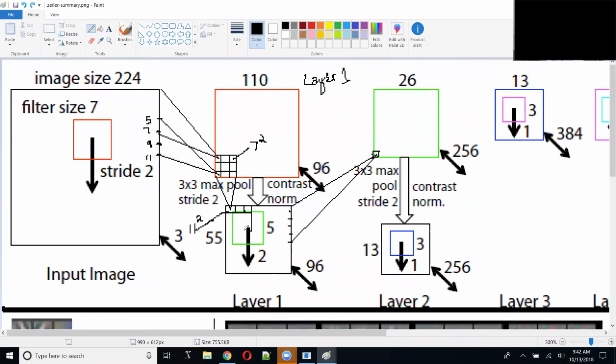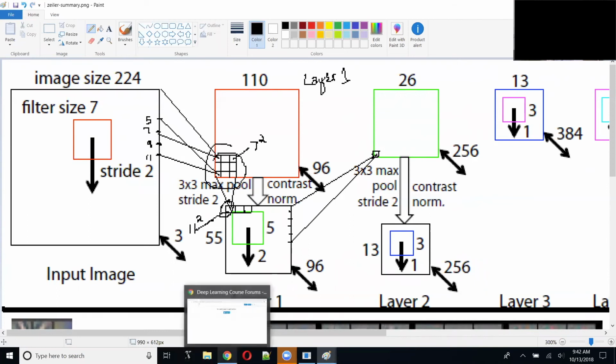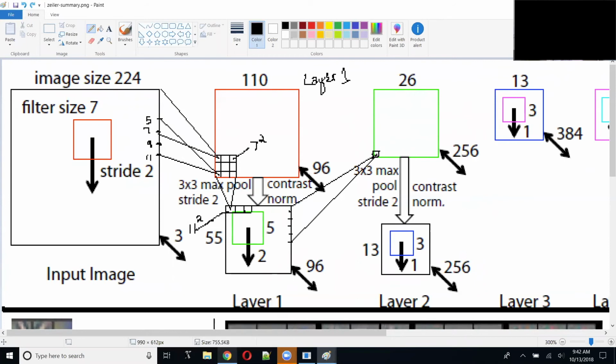So one of these activations on the max pool layer is looking at 9, and it's taking the max of those 9 activations, with a stride of 2.